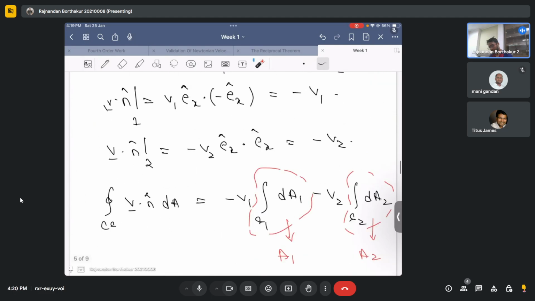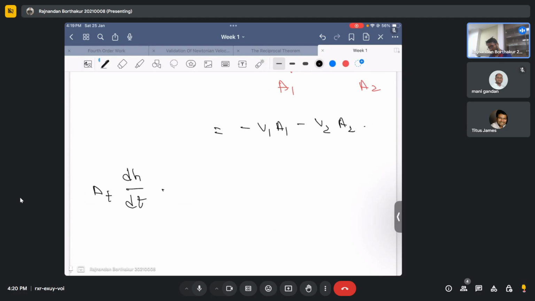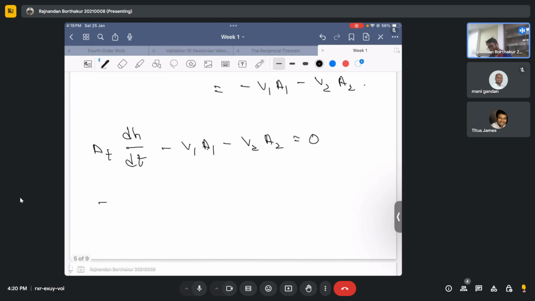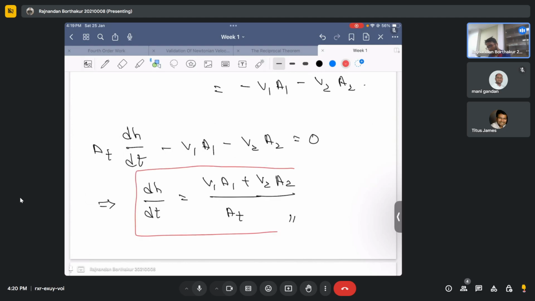So it is AT times dH dt, and then I have the efflux term, which is minus v1 A1 minus v2 A2, and this equals 0. Which means all I require is to calculate this dH dt, and this dH dt comes out to be v1 A1 plus v2 A2 divided by AT. That is precisely what the rate of change of the water height with respect to time would be.